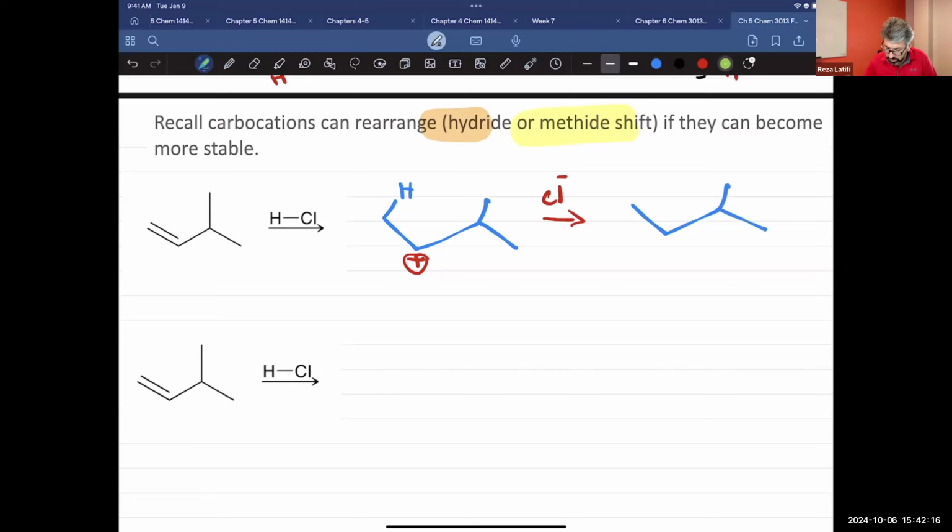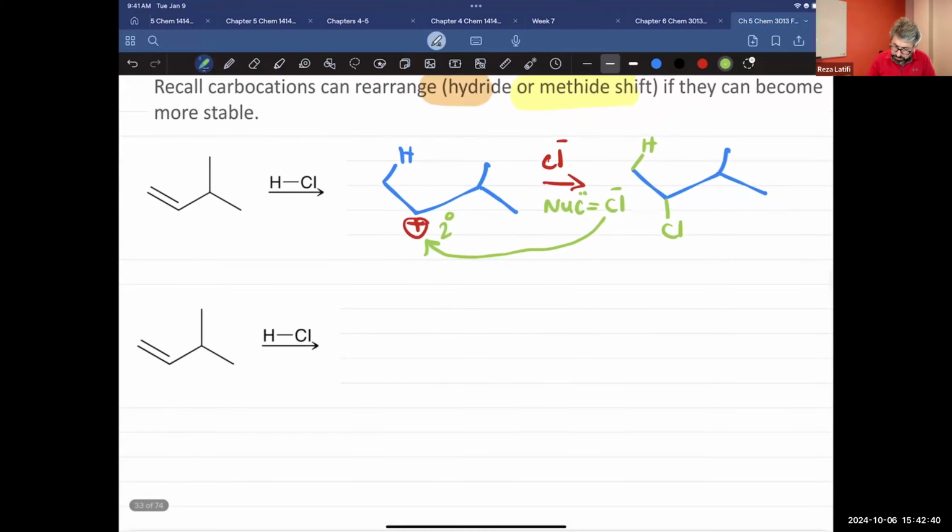Chloride is added here, and hydrogen was added there. I got a secondary carbocation, and then the nucleophile, chloride, attacked it and made it saturated.